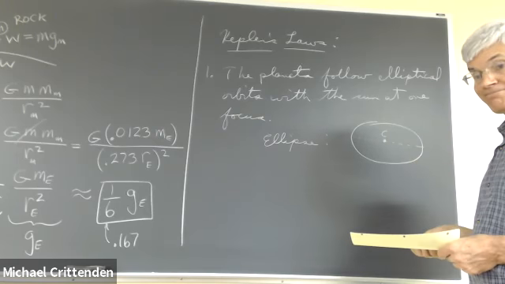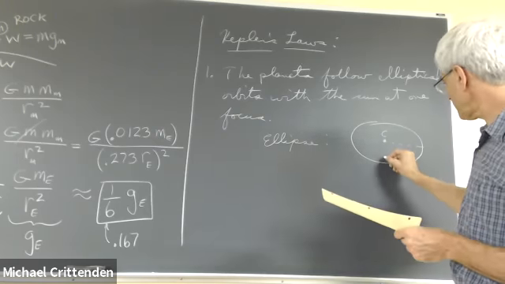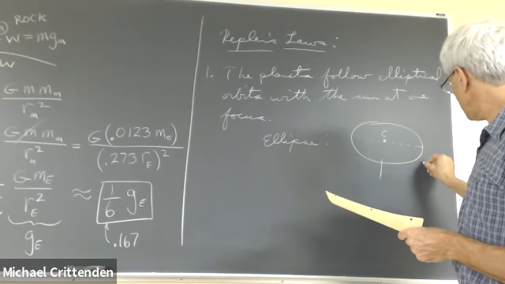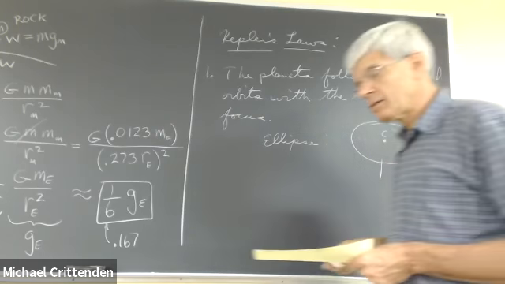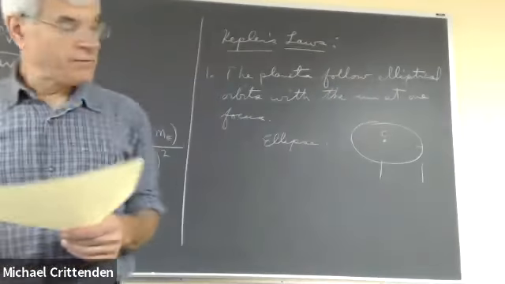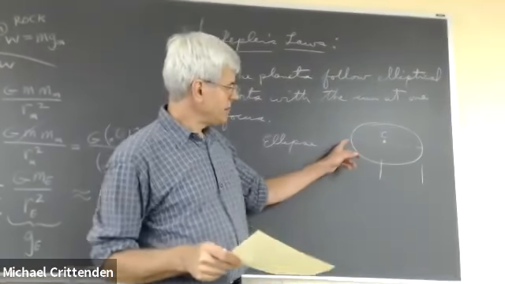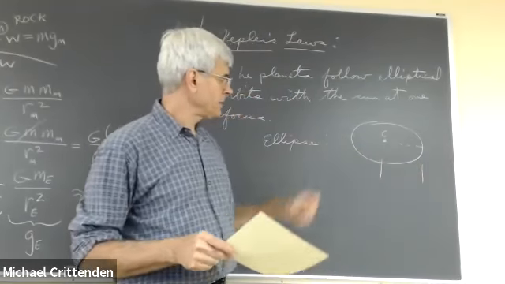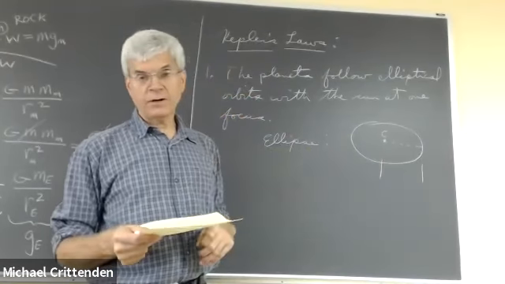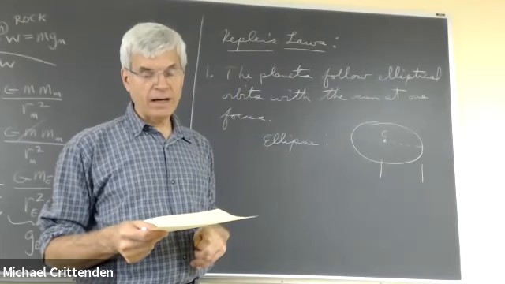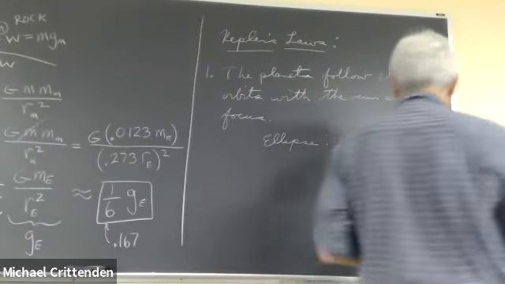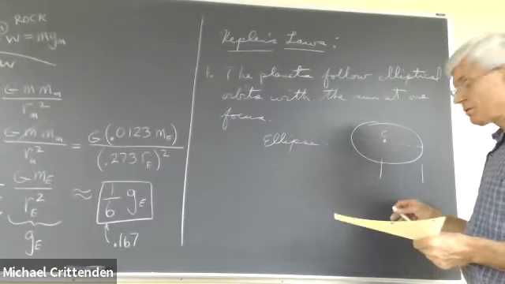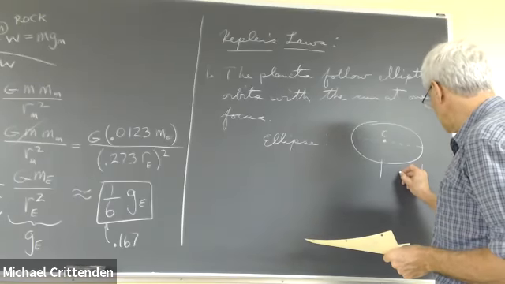C for center, right there. Half the length of the major axis, in other words, the distance from the center of the ellipse to the most distant point there or on the other side, either one, that's called the ellipse's semi-major axis. And I will have some reason to refer to that before I'm done.